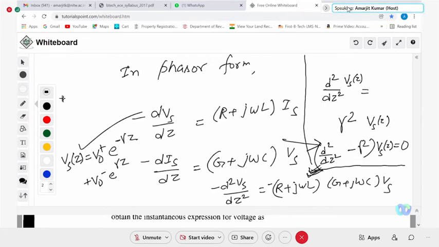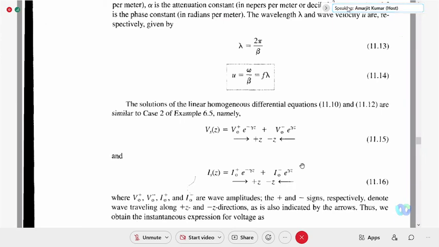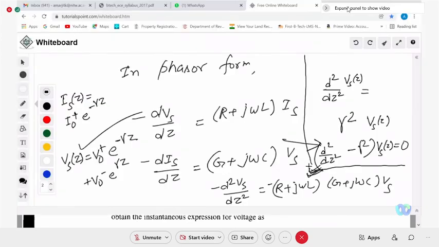What will be the current? I_s(z) is equal to I naught plus e to the power minus gamma z plus I naught minus e to the power gamma z. This voltage wave is traveling in the plus z direction, and this wave is traveling in the minus z direction.